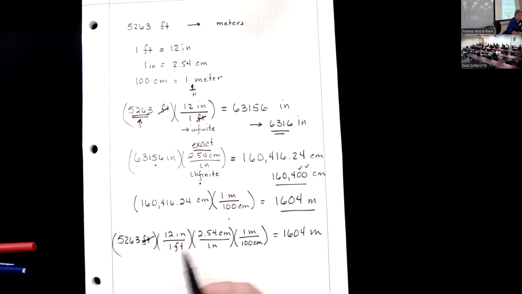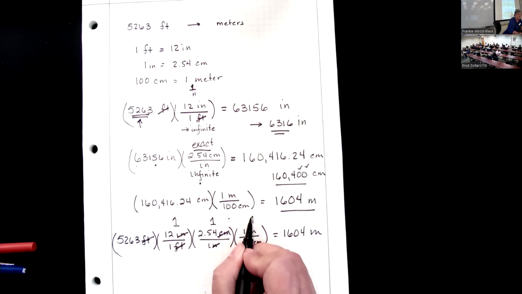And this unit cancels out, that unit cancels out, that unit cancels out, and I'm left with my meters. Each one of these is a 1, which allows me to do that multiplication. And when you figure out that chemistry is just a bunch of conversions, life becomes pretty easy.